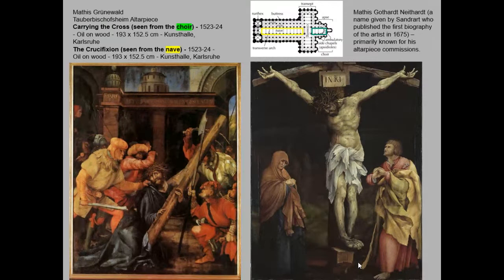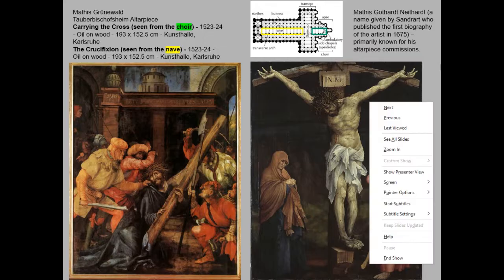That's the central aisle where the pews would be. The crucifixion is the scene that would have been visible from that side. That's this image here, which definitely shows much more of the torture of Christ in the crucifixion scene. The image of carrying the cross would have been visible from the choir area. That's this dark greenish area here.